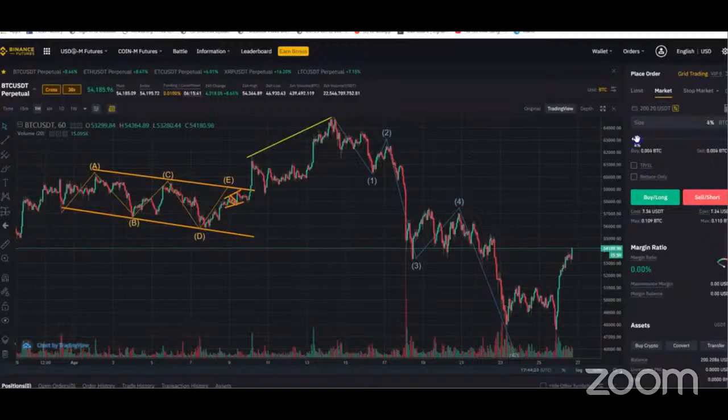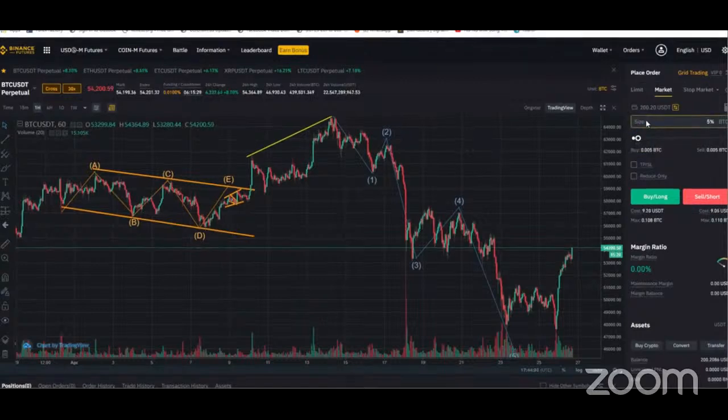Let me go with 5%. This is the money management part of your trading. You want to risk very little when you are taking a trade. Even if it makes just $10 or $15 in a day, by the time you convert it to the equivalent in naira, you'll see that it's actually quite much.